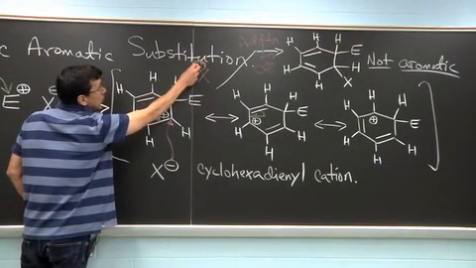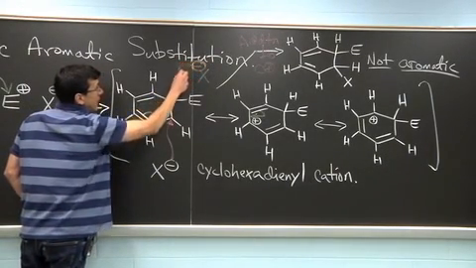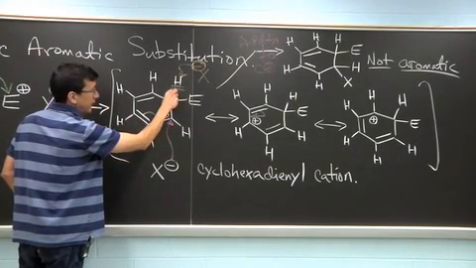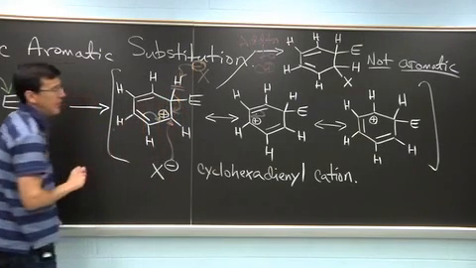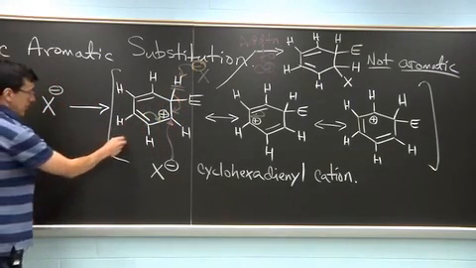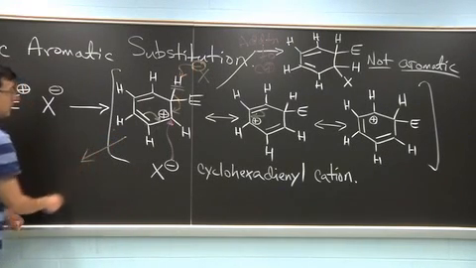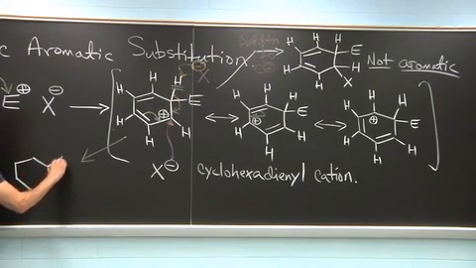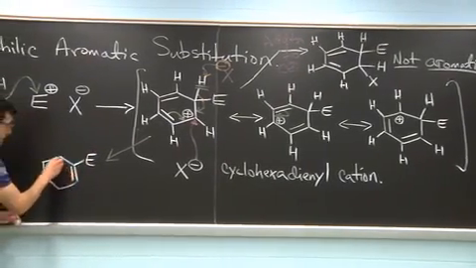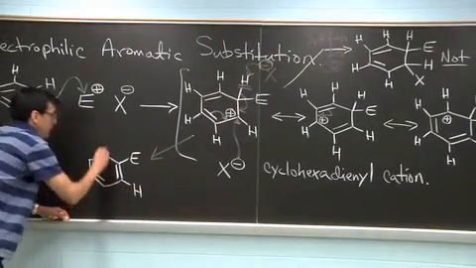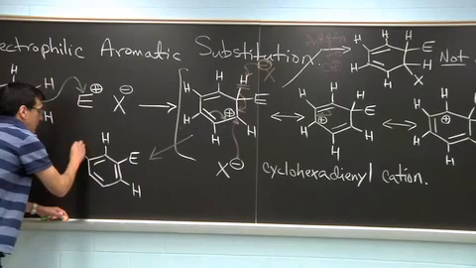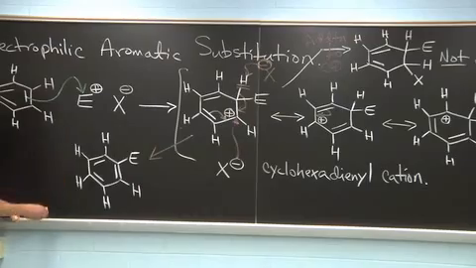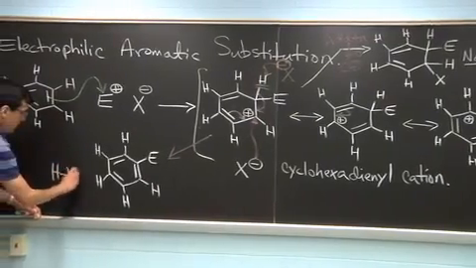The second part of an E1 type elimination is the base removes a proton. You use the electrons from this CH bond to come there and make a double bond. And so if we come over to this side, and then the other product would be HX.